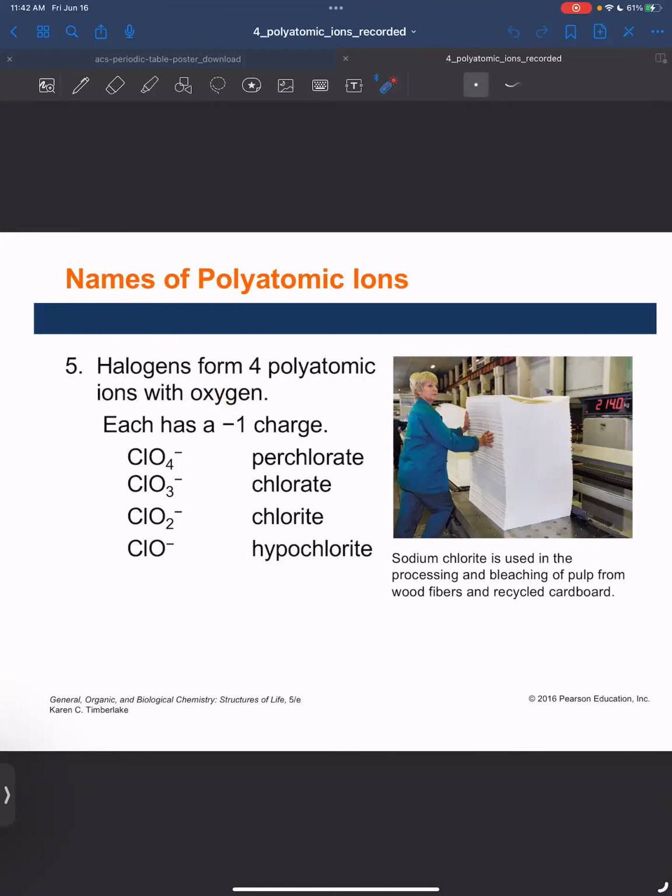Notice how oxygen's consistent through all these polyatomic ions for the most part, and that's because oxygen is a major component of our air in our atmosphere. In this case, each of these has a -1 charge, but the only thing that's changing is the number of oxygens. And so this is perchlorate, chlorate, chlorite, and hypochlorite.